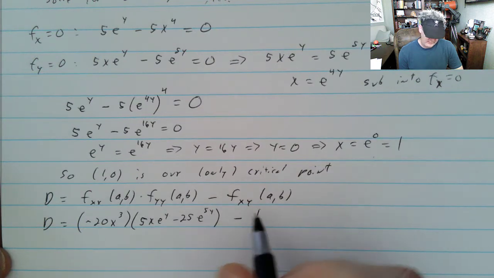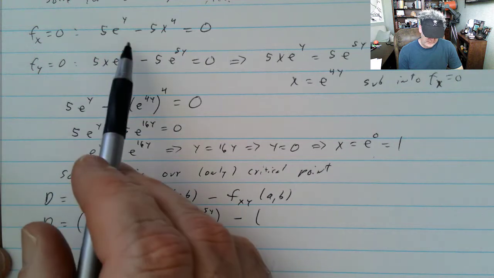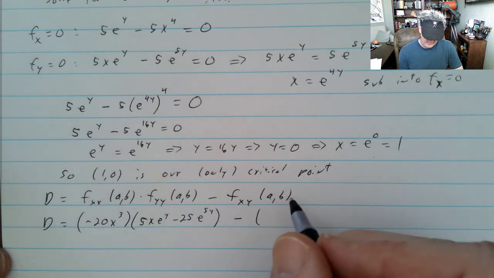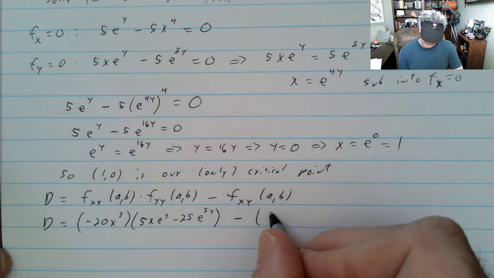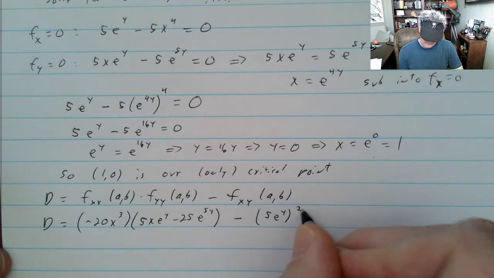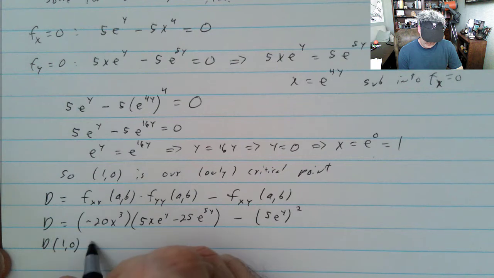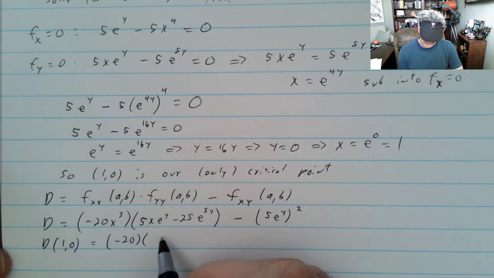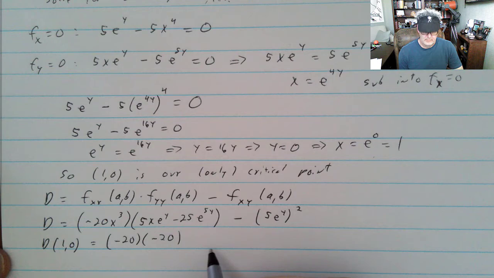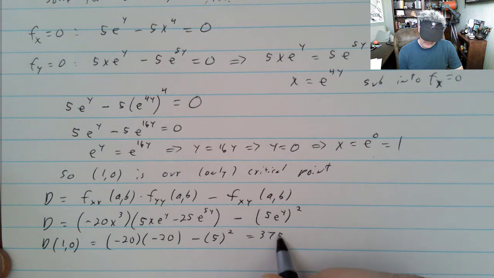Then minus f sub xy squared, well, that'll just be 5 e to the y, squared. So the discriminant at (1, 0) is going to be negative 20 times 5 minus 25, so another negative 20, and then minus 5 squared, so that'll be 375.